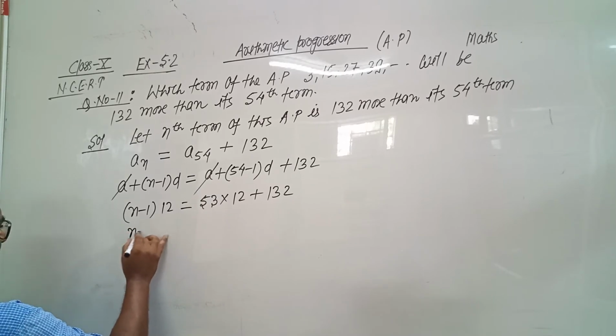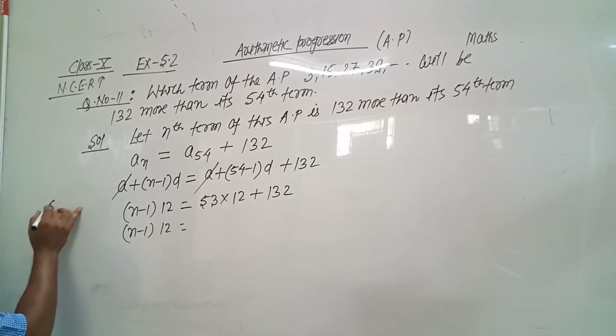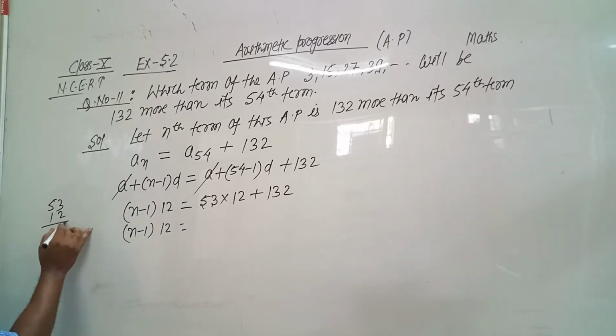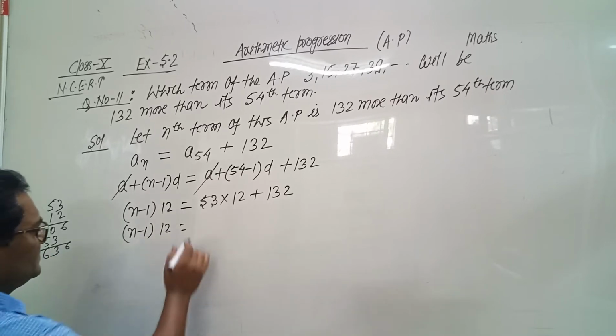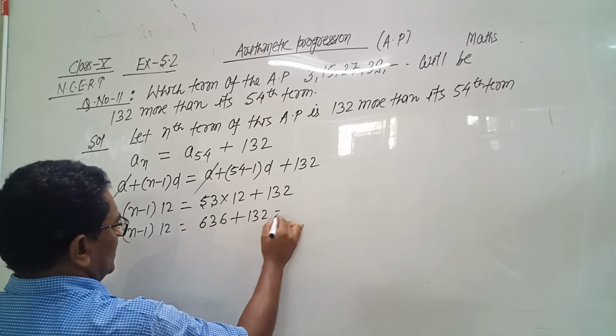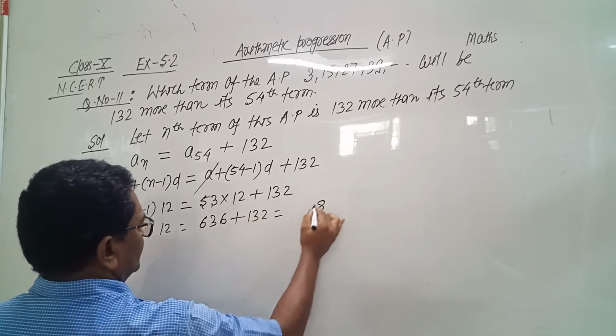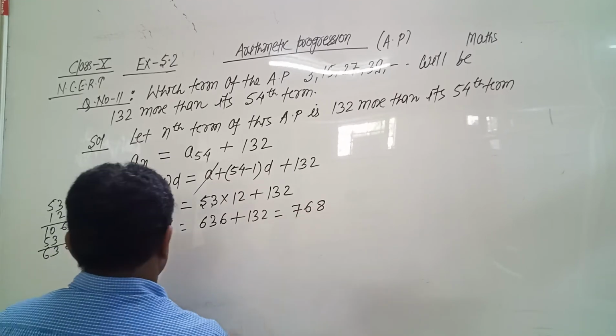So (n minus 1) into 12 equals 53 into 12, we get 636. 636 plus 132, and this is 768.